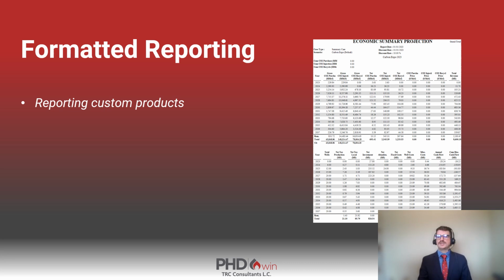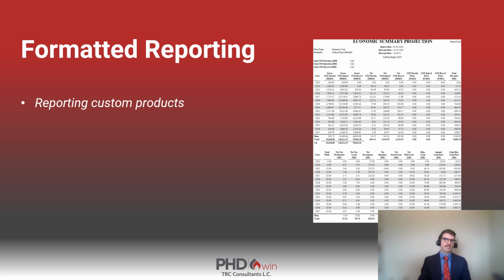The one on the right-hand side here is our detailed three volume report. Users are able to select any three products that they'd like to be displayed. And here you can see I have selected CO2 purchased, CO2 injected, and CO2 recycled as my three products. And we can see both the gross and the net value for both of those.